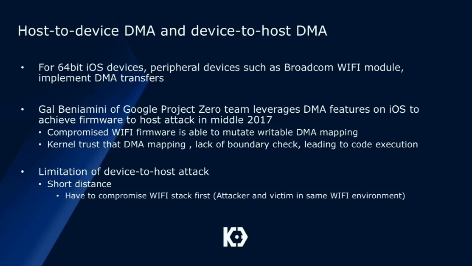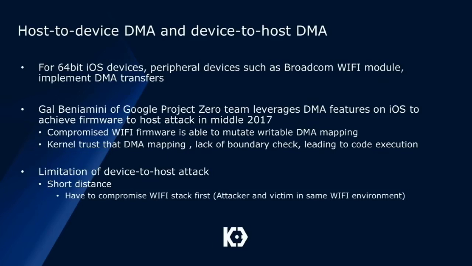And iOS thinks that the DMA on the device is trustable, so it eliminated the necessary boundary checks. Finally, with the Wi-Fi stack compromised, it is very easy to modify that memory and finally lead to kernel code execution. However, such an attack has some limitations.